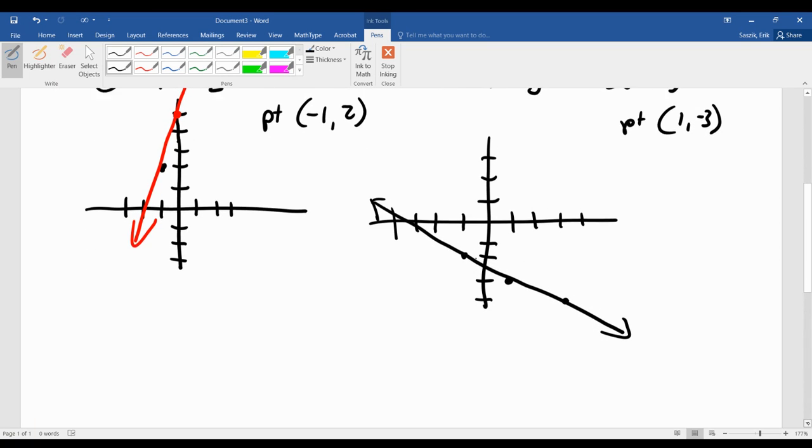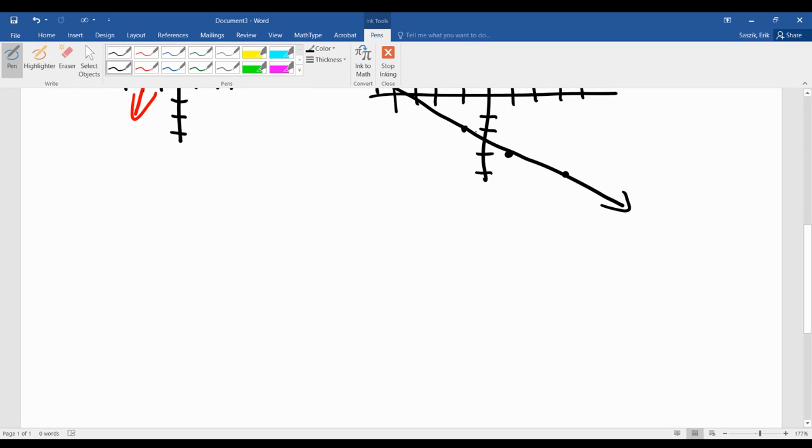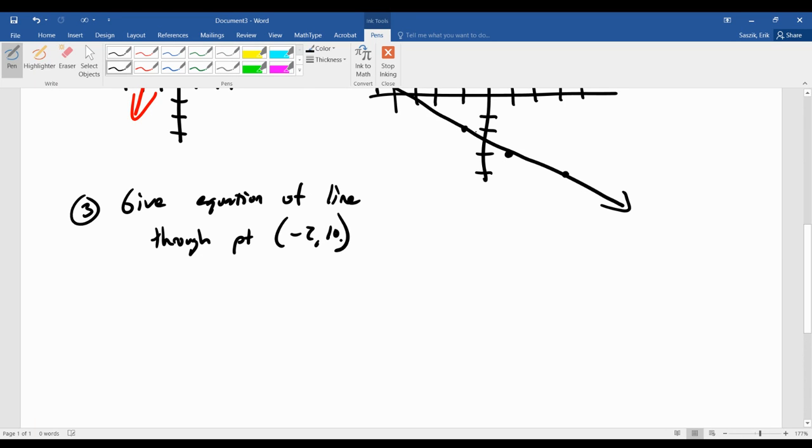Okay, now let's go in the other direction. Let's go ahead and give the equation of the line through the point, again, I'm just making this up, -2, 10 with slope of 6.